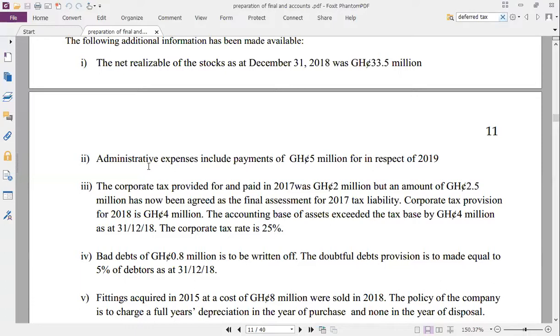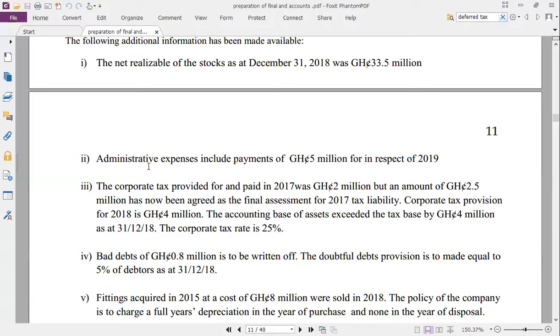Corporate tax provision for the year 2018 is 4 million. The accounting base of assets exceeds the tax base by 4 million as at the year end, that is 31st December 2018.